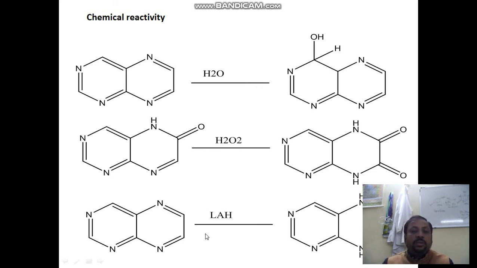So this is the beauty of these type of molecules, that some of the reactions are at one ring and some other reactions are at the other ring, depending on the availability of the electrons. So LAH reduces this pteridine molecule at this pyrazine ring, not the pyrimidine ring. And here if we take water, only this pyrimidine ring gets reacted, while this pyrazine ring remains the same.